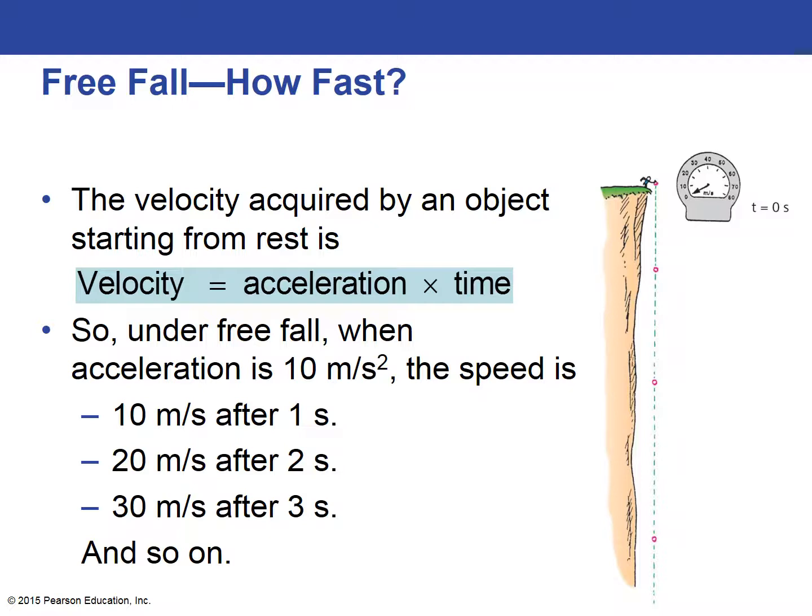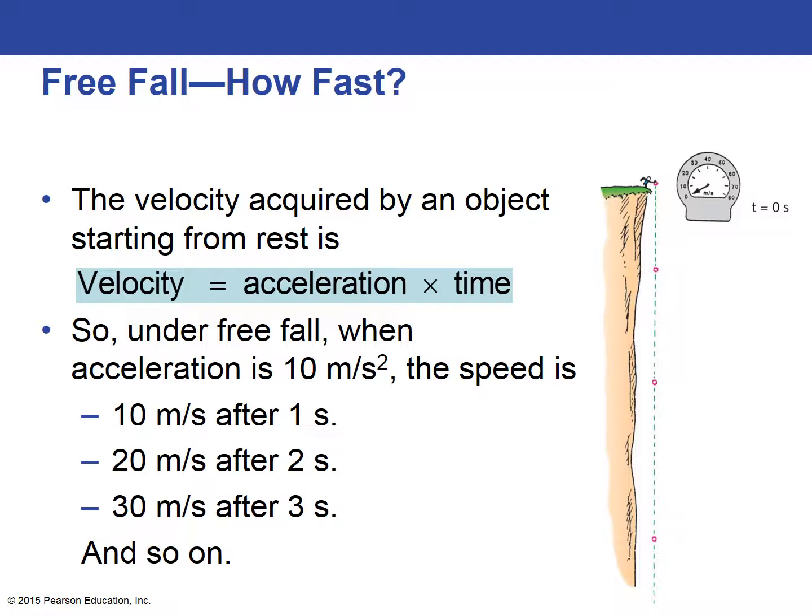So in this case right here, we drop a ball from a high point, and what the acceleration of 10 meters per second tells us is that if we drop the ball from rest, that is to say, we don't give it any velocity down when we let go of it, then after 1 second, it will achieve a velocity of 10 meters per second.